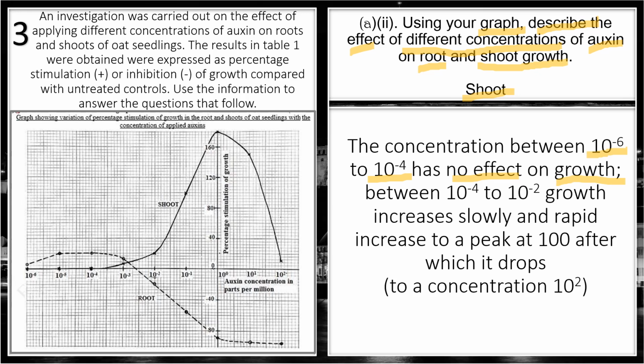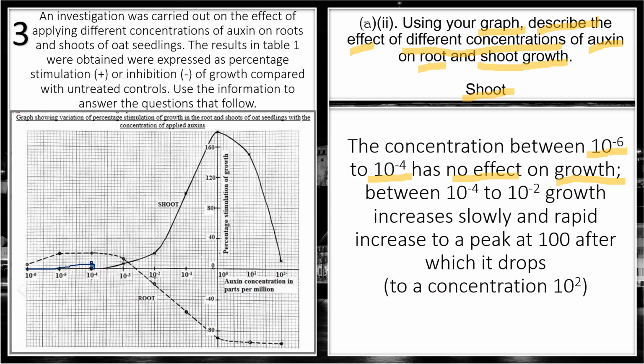So if you look at the concentration of auxins applied on the shoot from -6 to around -4 here, you can see that this concentration has no effect on the growth of the shoot.